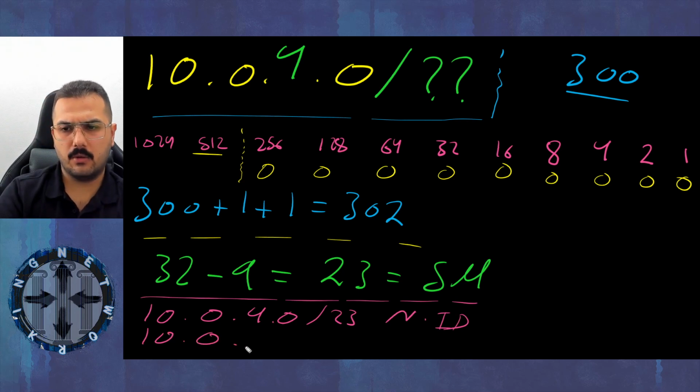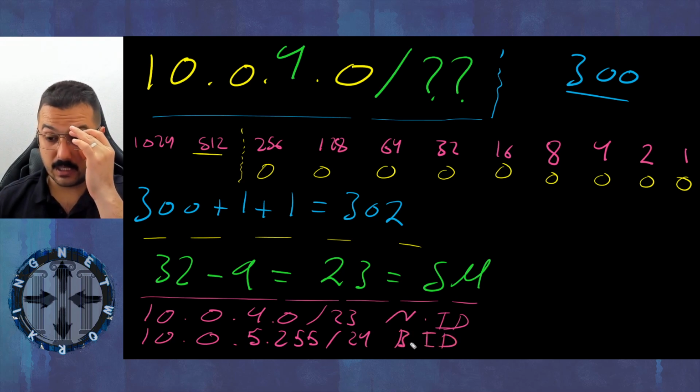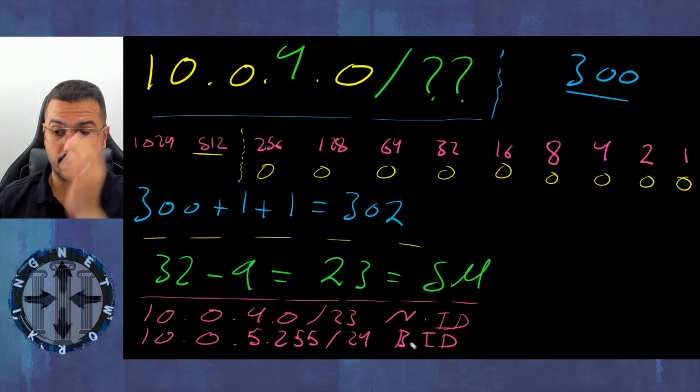The increment value is the number that is left to the line, which is 512, a couple of networks. Use whatever I taught you in this course for the VLSM and see if the numbers meet or not.